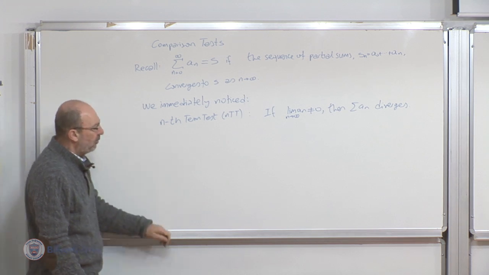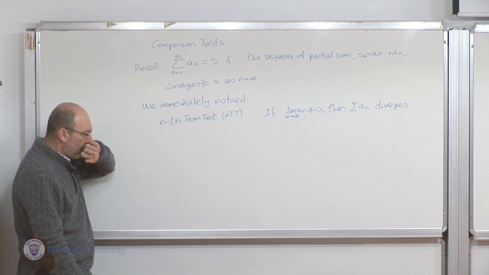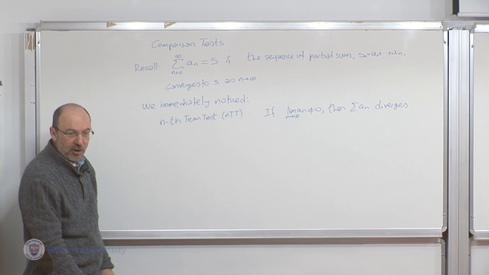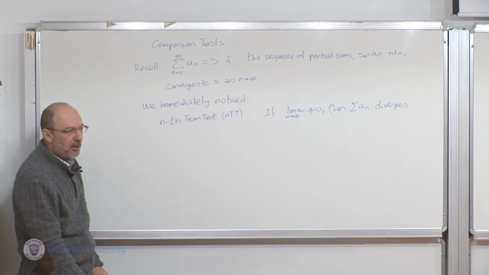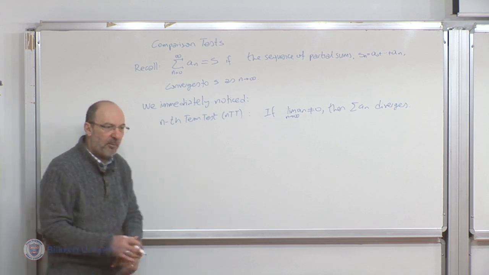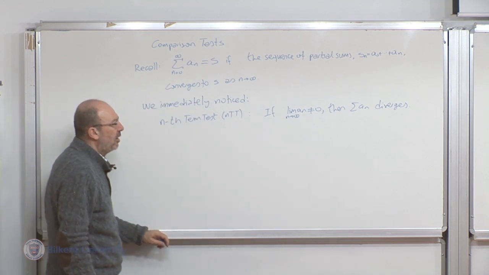So this is generally the first thing you check. If the general term looks very complicated, then you skip this thing. But most of the time it is easy to see if the general term goes to 0 or not. If it doesn't go to 0, you stop. The series diverges. If the general term goes to 0, then you start applying other tests to find out if the series converges.